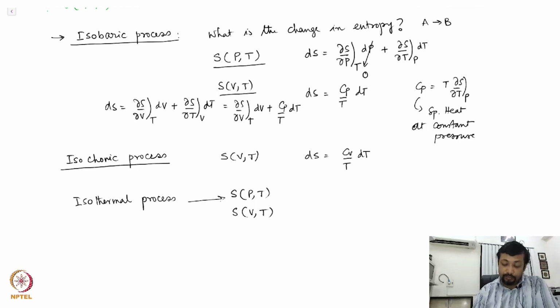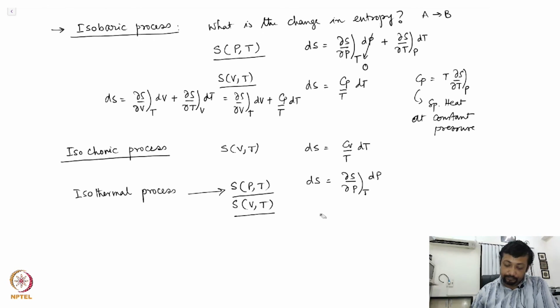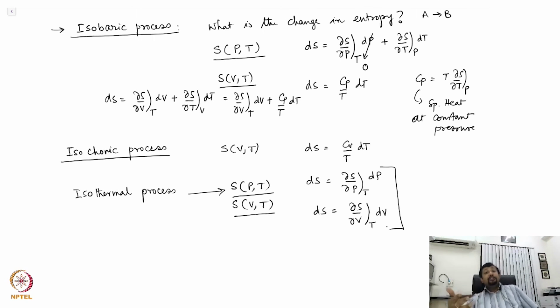Now for the isothermal process, coming back to it, I can either have S as a function of P and T or S as a function of V and T, in which case, since dT is going to be 0, a priori I know it is going to be del S del P, temperature constant, dP, or del S del V, temperature constant, dV. Depends on what information is given to you.